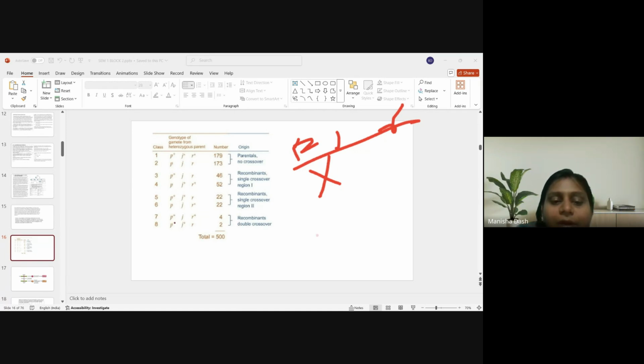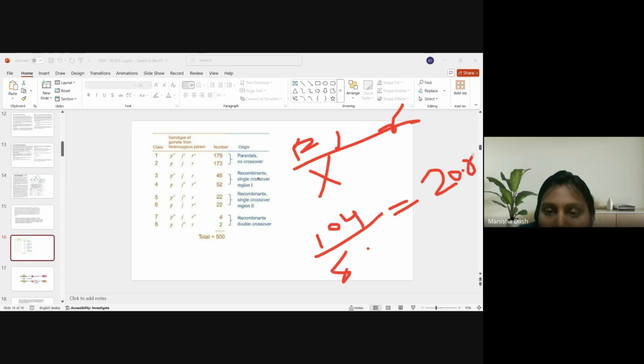Together we are getting 104, divided by the total number of progeny, that is 500, into 100. So 104 by 5 is equal to how much? 20.8. Is it clear to all, or does anyone have any doubt up to this?